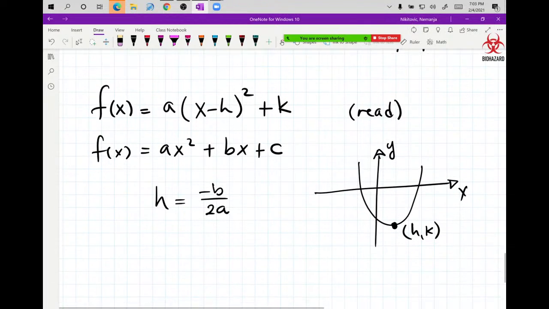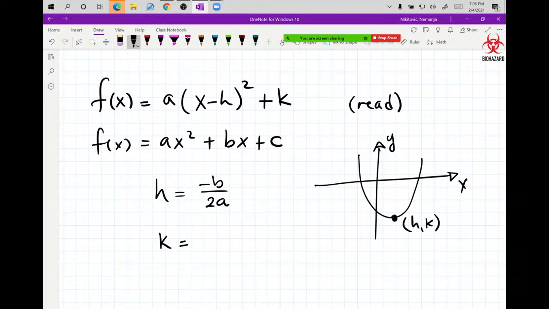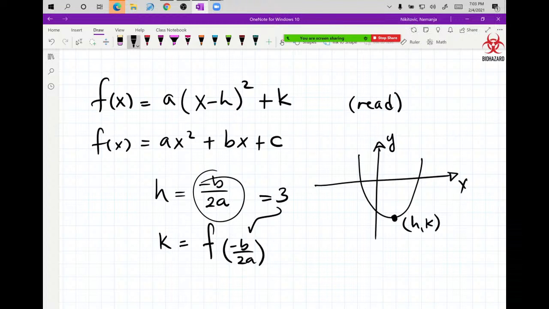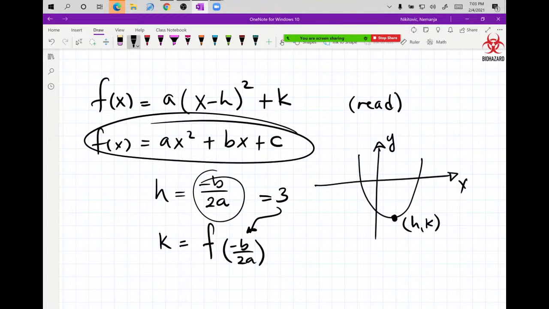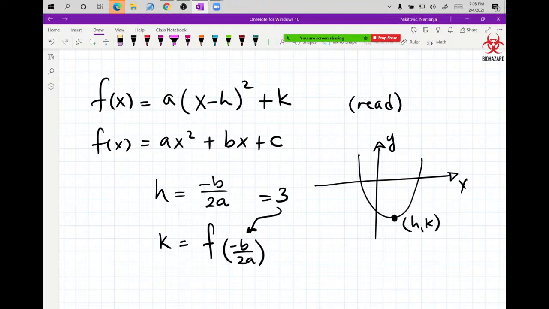And then you can calculate k as a function of negative b over 2a because you will get a number. That's going to be equal to 3, let's say. And then you just put that 3 in the formula and you compute k, because the h is the x value, which is input, and it produces k, which is the y value, which is the output.